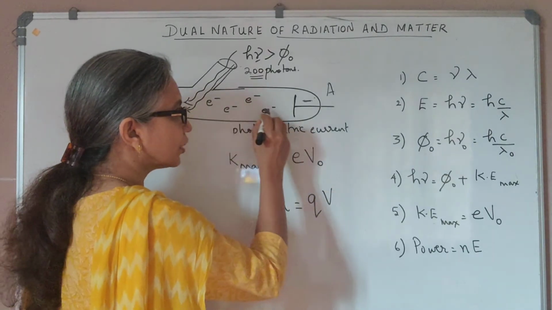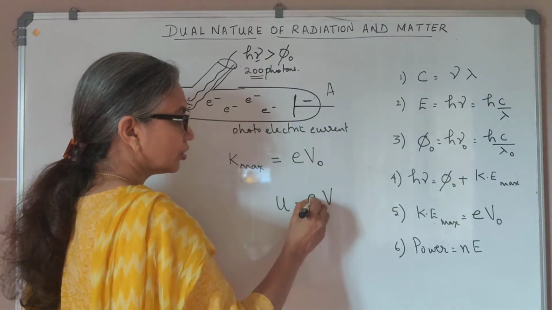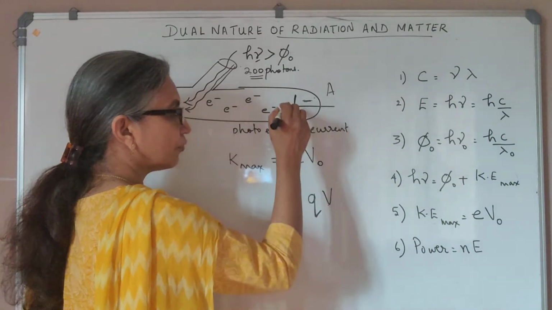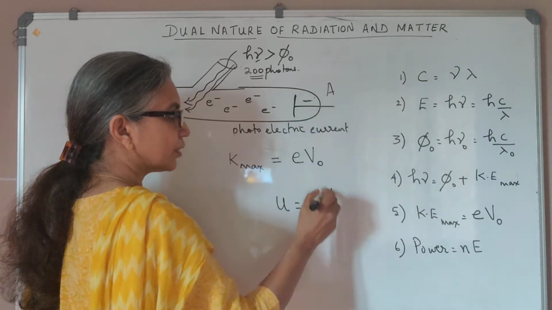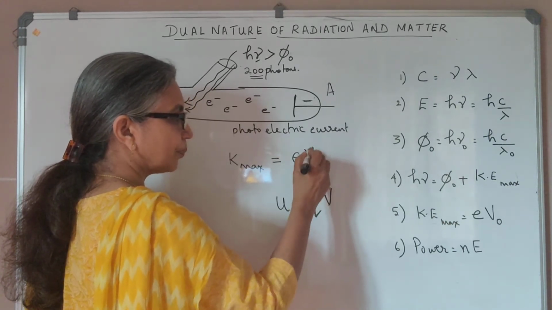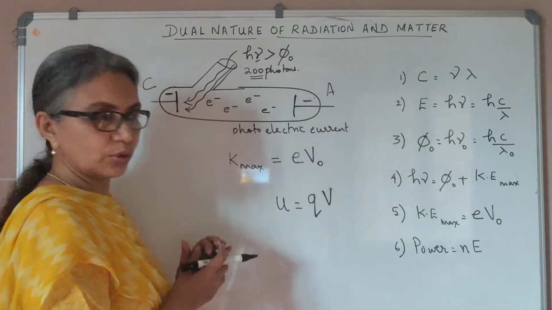Now it is an electron that is approaching the collector. So I have replaced this Q charge with the electronic charge, and the potential at which this happens is called the stopping potential. So this V has been replaced by the stopping potential or the cutoff voltage.